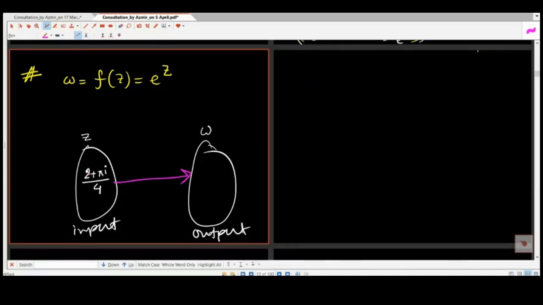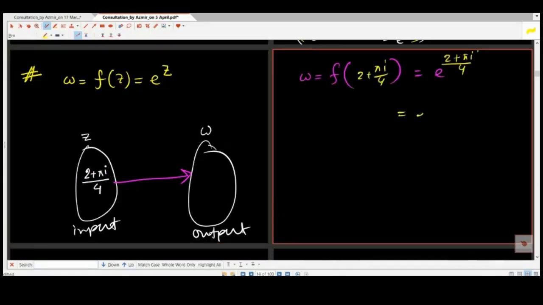So let's input z equals 2 plus pi i over 4. Here we can write 2 over 4 plus pi over 4 i. So e to the 1 by 2 plus pi over 4 i. We know that e to the z1 plus z2 can be written as e to the z1 times e to the z2.